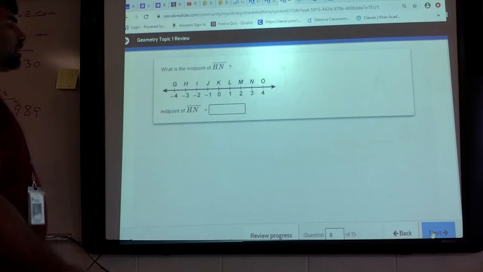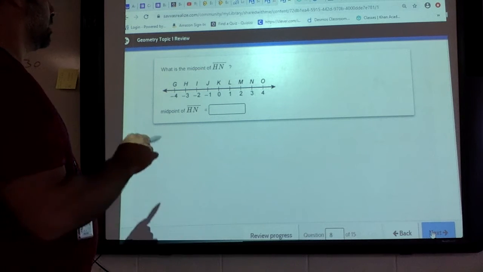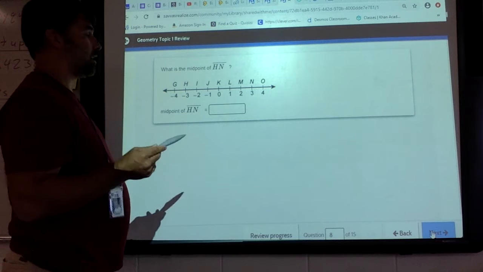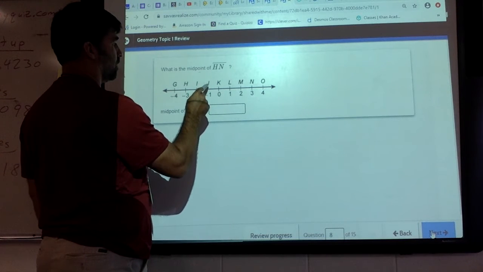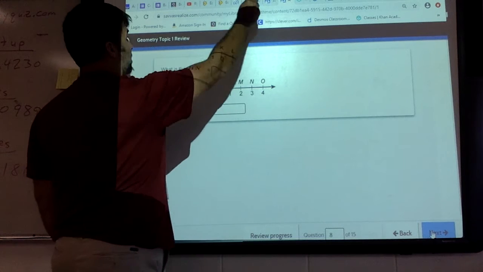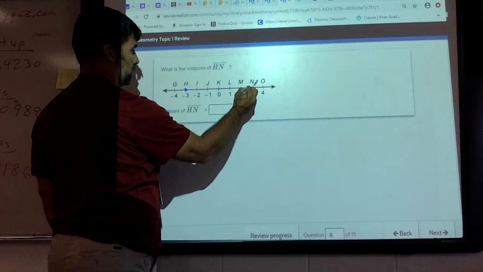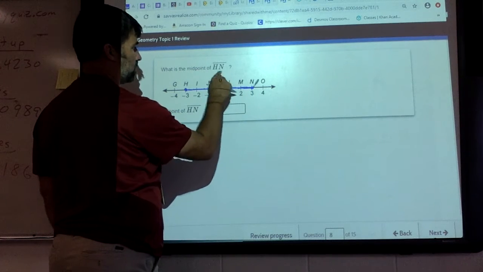Okay, right here. Now you got to pay attention to this because this is going to look very similar to the test you're going to take. You've got to answer this in the correct way or it's not going to count it correctly. So it says, what is the midpoint of HN? So HN, H is here, N is here, and there's my line segment. So segment HN.